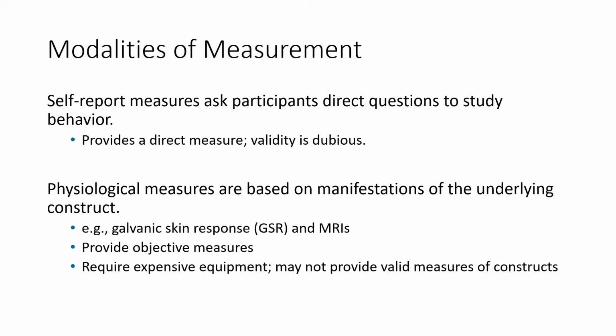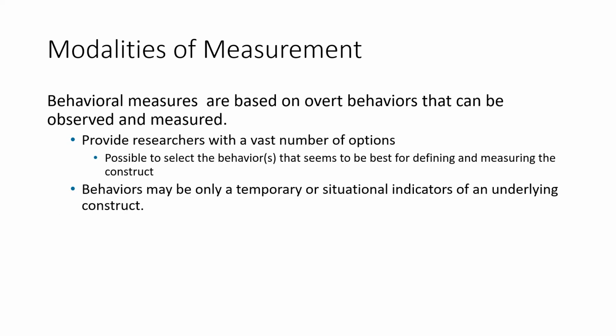It only can measure certain constructs. Even when we're doing brain imaging, we can still only measure certain constructs. So we can't do these physiological measures for those. We can either do self-report or we can do behavioral measures.